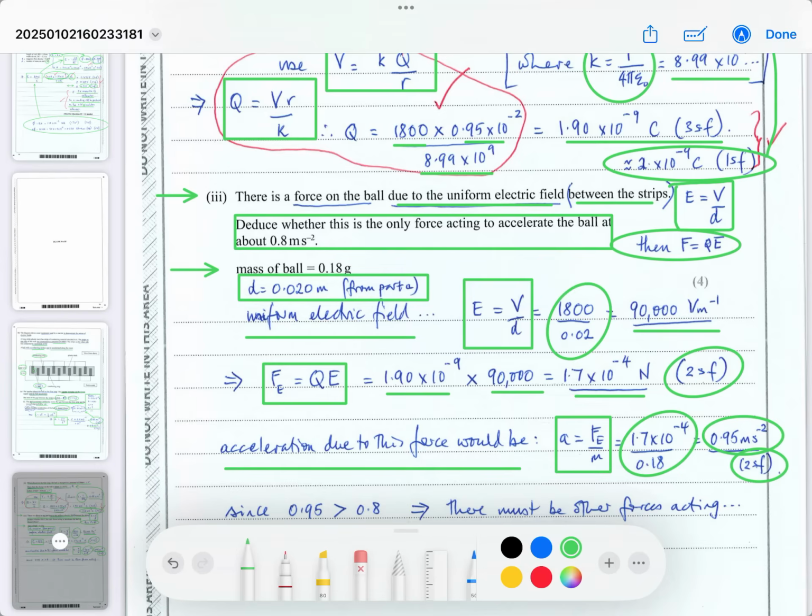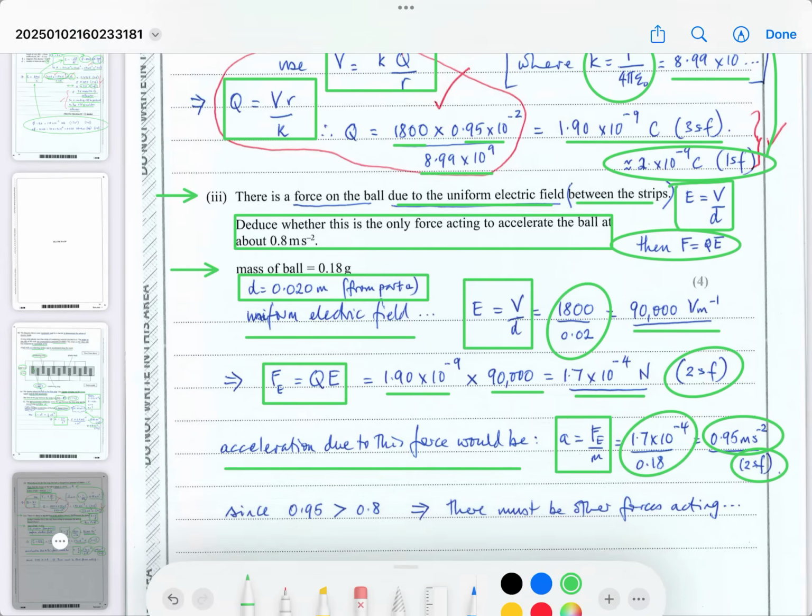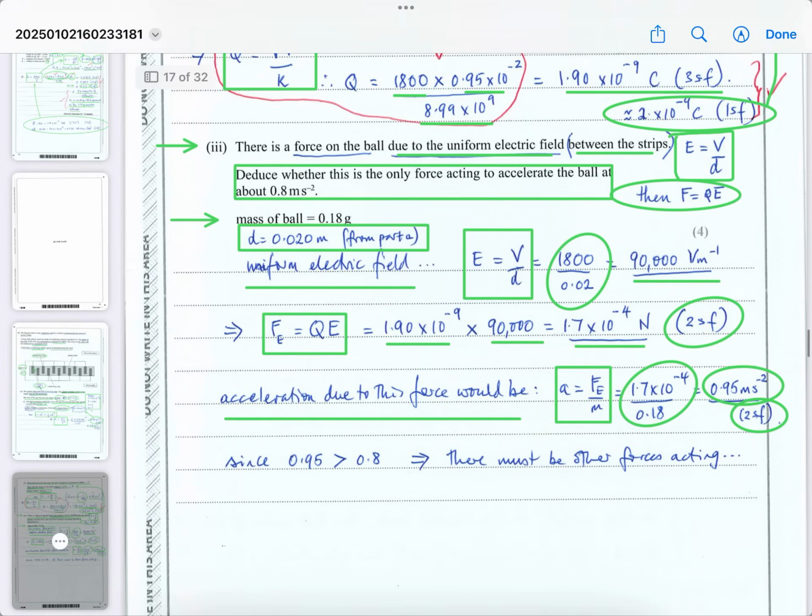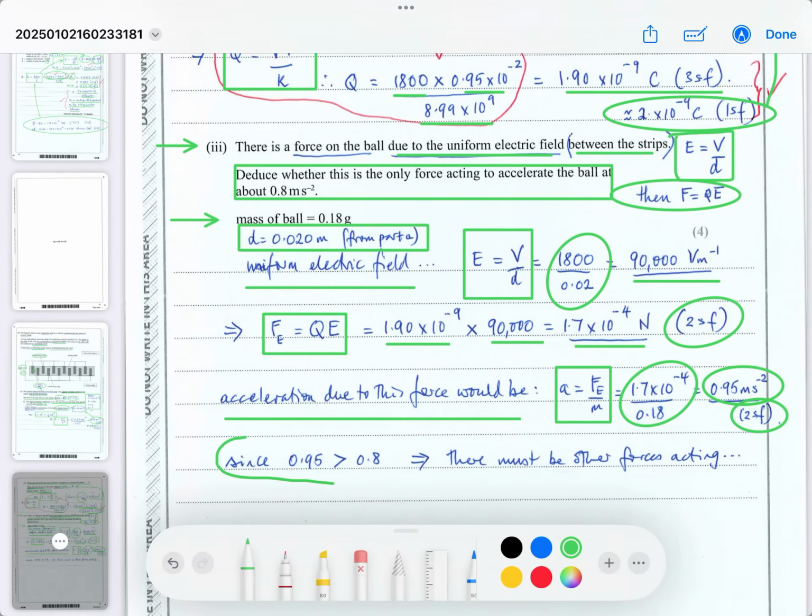So if it's 0.95, then you can just write this down. Since 0.95 is greater than 0.8, there must be other forces acting to increase the acceleration from 0.8 to 0.95. Or actually, the force is greater, so there must be forces acting against the field.